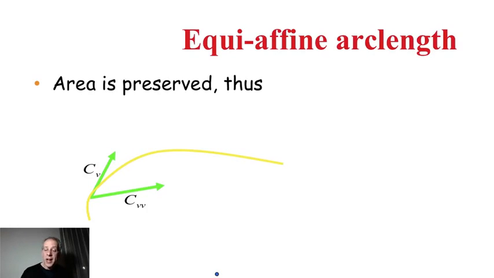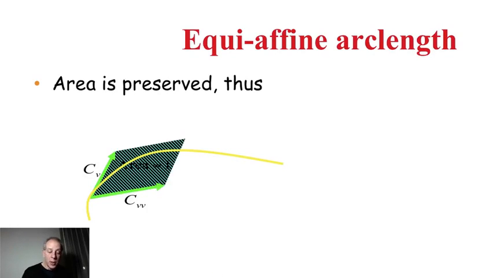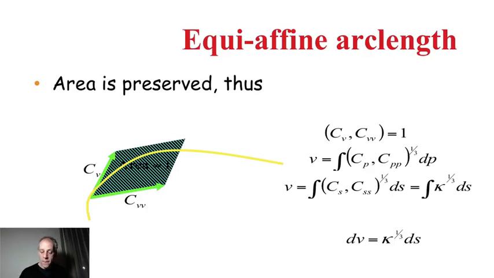And then I look at the area, and I'm going to look for the parametrization V such that when I take the first derivative and second derivative, this area is equal to 1. I define it that way. And you can do all the math. The first derivative is a vector, and the second derivative is a vector, and we put them as vectors in a 2 by 2 matrix.